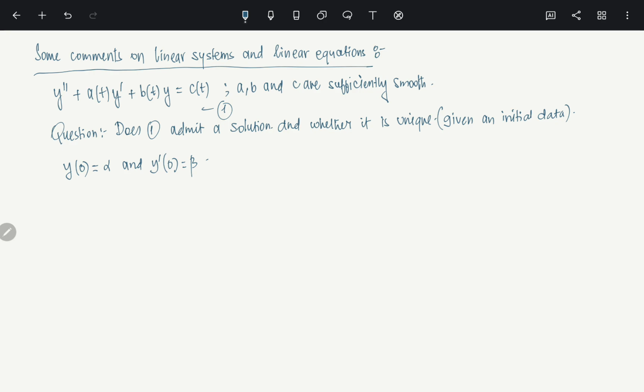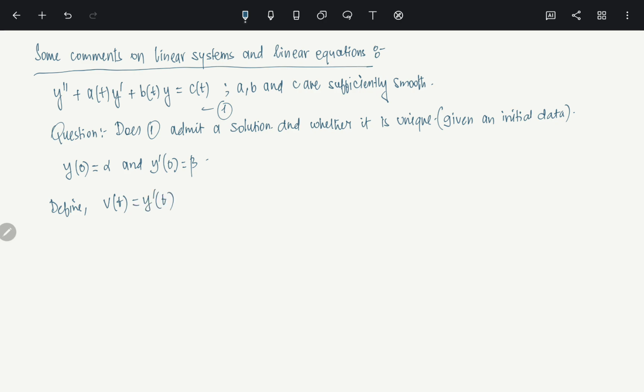Now, to know whether this problem has a solution or not, or whether it is unique given the initial data, we can of course change it to a system of equations. So let's do that. We will convert it to a system. Define a new function v of t to be y prime of t.